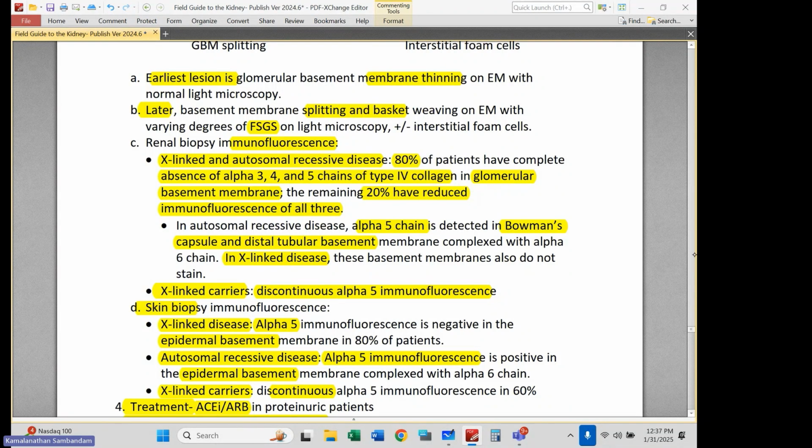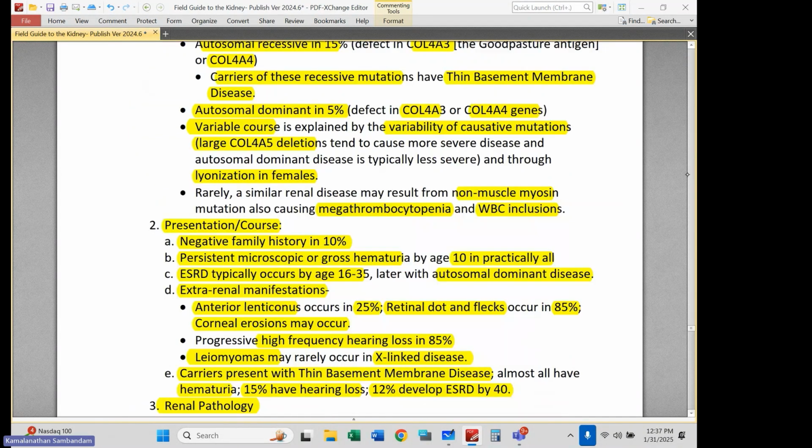You have an autoantibody produced to the glomerular basement membrane. They can have crescentic GN. They can also have pulmonary capillaritis, right? Or they have alveolar hemorrhage. So that antibody is typically directed towards the alpha 3 chain of type 4 collagen.